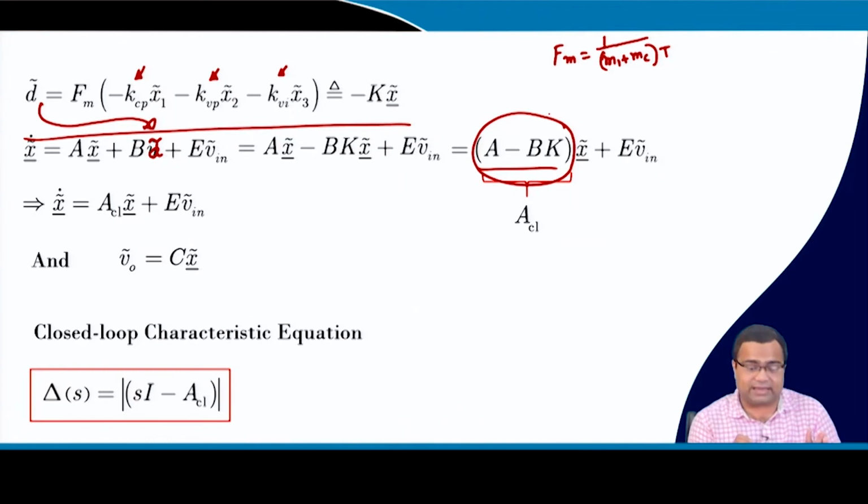So, the closed loop characteristic equation is given by the closed loop matrix, and we can shape it by placing the poles. Since it is a third order system, you will have a polynomial of third order.